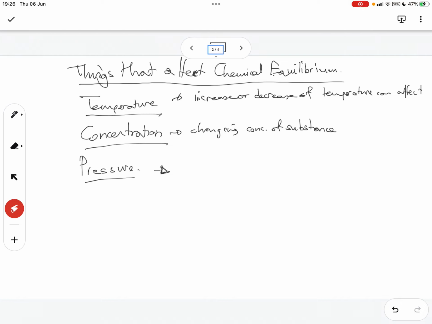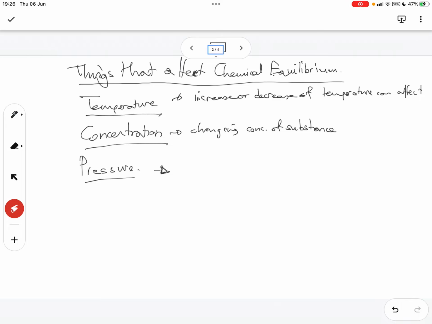And then lastly, pressure. Because these chemical reactions happen in a closed container, if we shrink the container and we increase the pressure, then something else might happen to the things reacting in the chemical reaction.